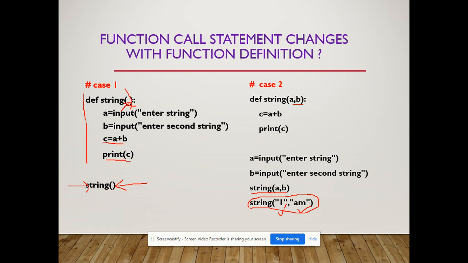When there are no arguments, don't supply any argument in the call. When there are arguments in the function definition, then obviously you need to send those related arguments while calling that function. So that is case 1 and case 2. In both the cases, what is the similarity? Is there any return statement in both these cases? No, there is no return statement in both these cases.